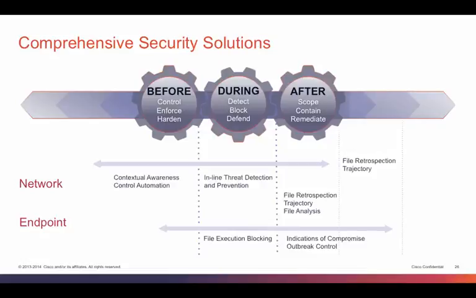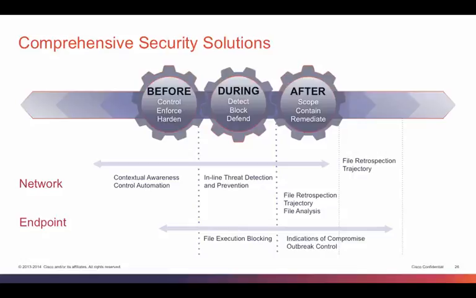Before an attack, we need to understand what's going on our network and have contextual awareness and have controls in place so that we can protect our data. During an attack, we need to have best-in-class threat detection. We also need to be able to block those attacks and remediate them quickly.